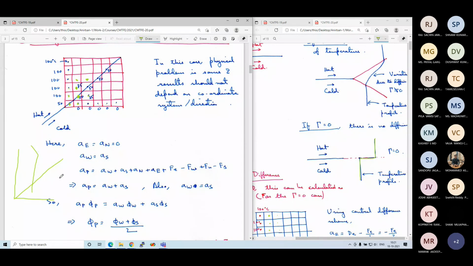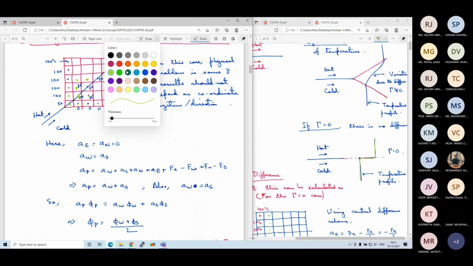It's difficult to draw in this axis. Anyway, I will not draw it because you will get more confused.